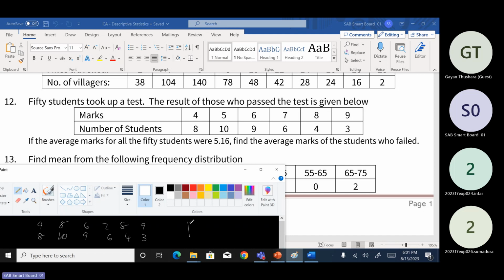The average of all the students, 50 students, so it is 50. Average is given. X bar is 5.6. That's all given.